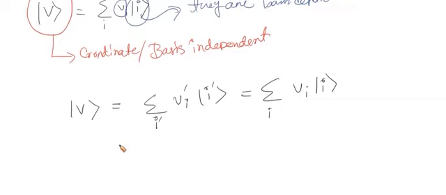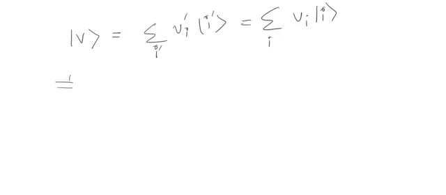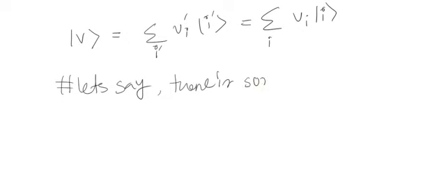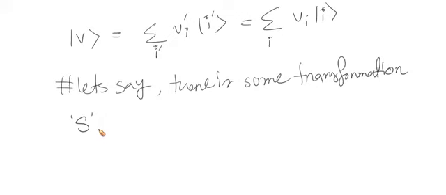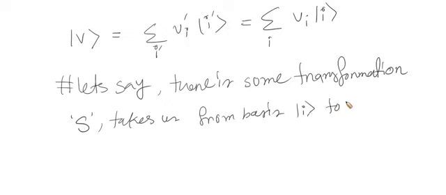And let's say there is some transformation which we denote with S. So there is some transformation S that takes us from basis I to I prime, and mathematically we will denote this as the following.